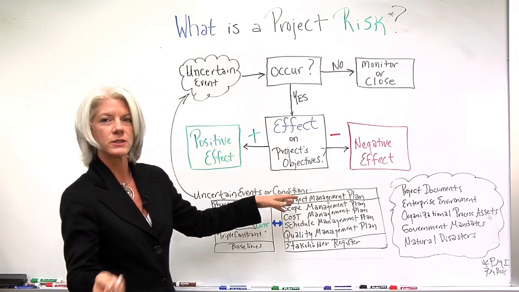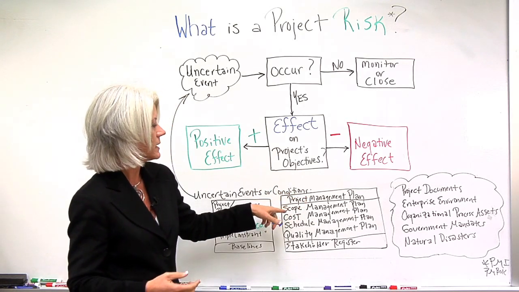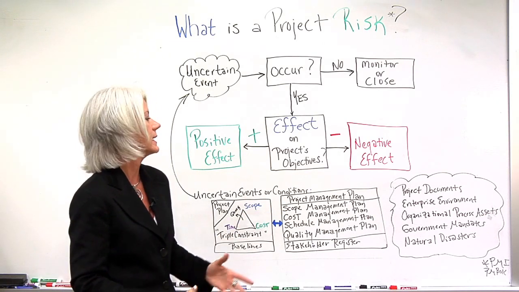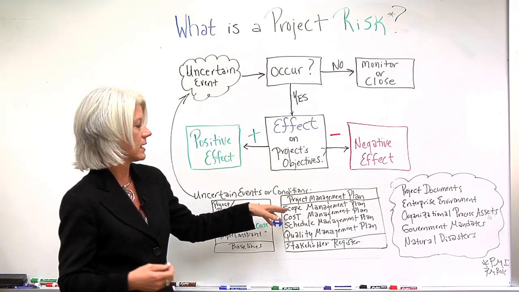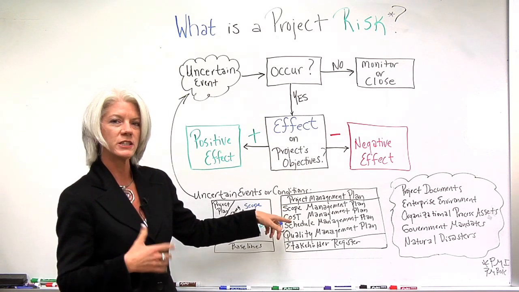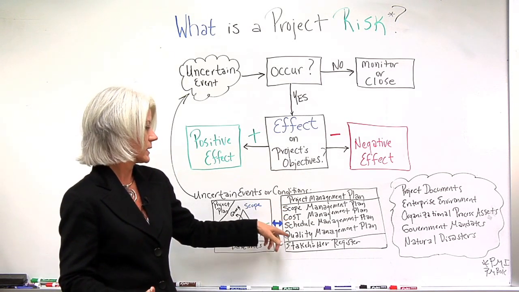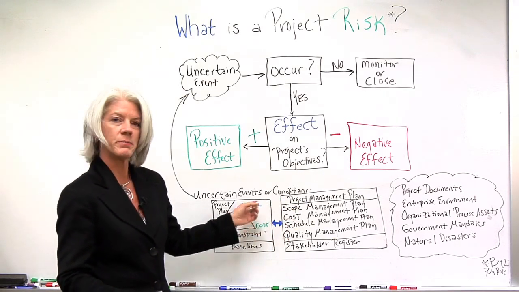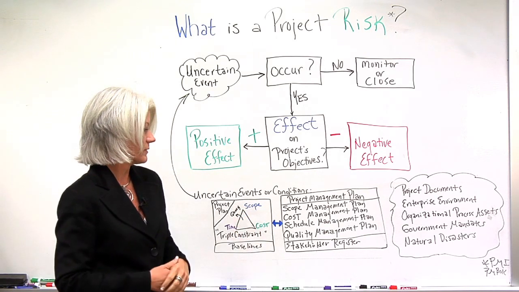We can also look in the project management plan. The project management plan we know has a series of sub-plans, including, in addition to others, the scope management plan, the cost management plan, and the schedule and quality management plans. These include the baselines, or what we have documented for the project.